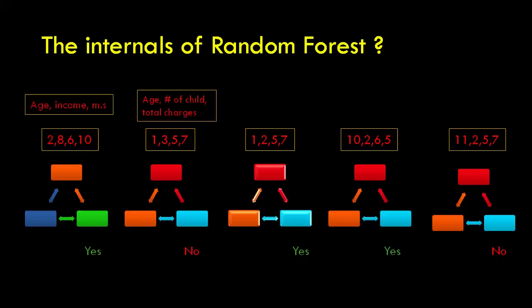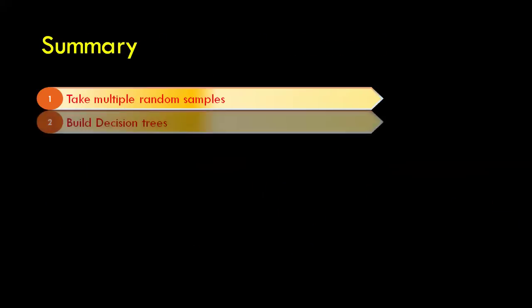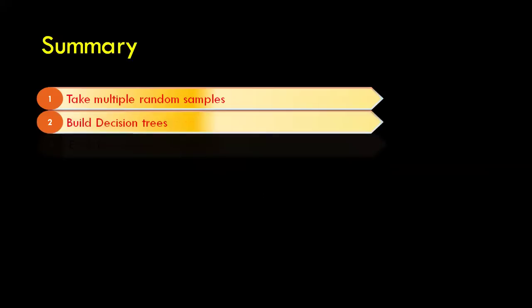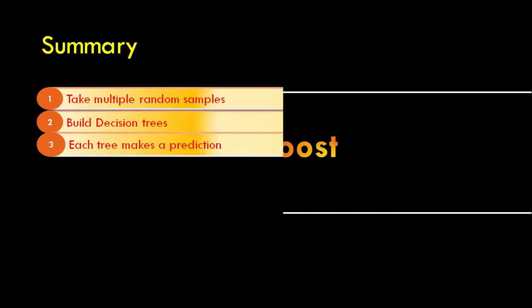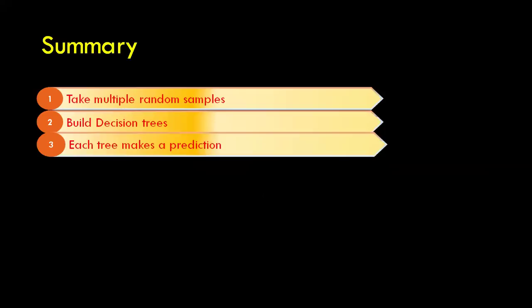Then it takes the majority vote, or the average, as the final prediction. So that is what I mentioned: take multiple random samples, build decision trees, each tree makes a prediction, and take the majority vote or average as the final prediction. Okay, hope you're able to follow me.